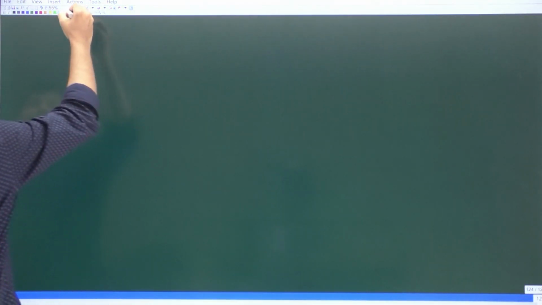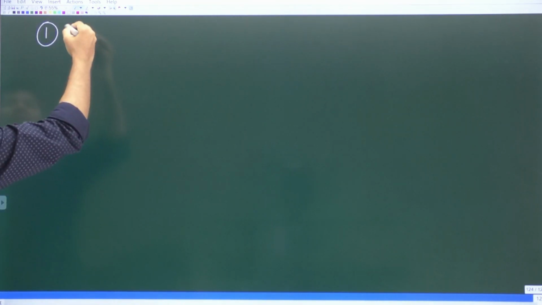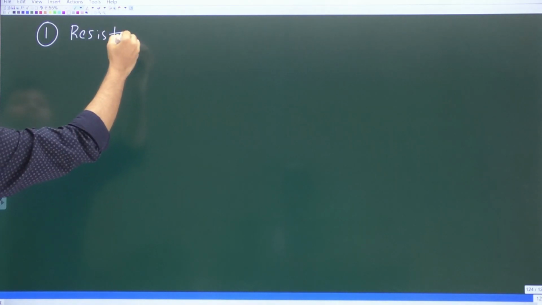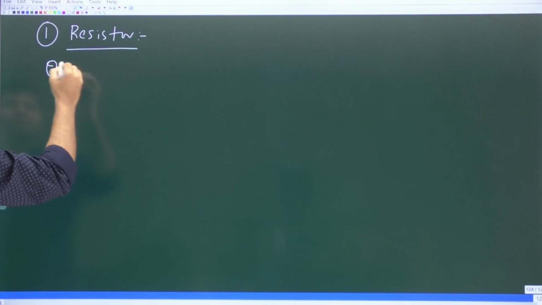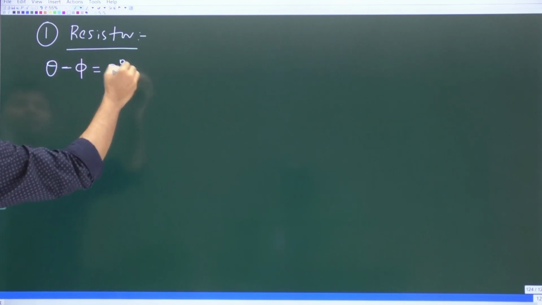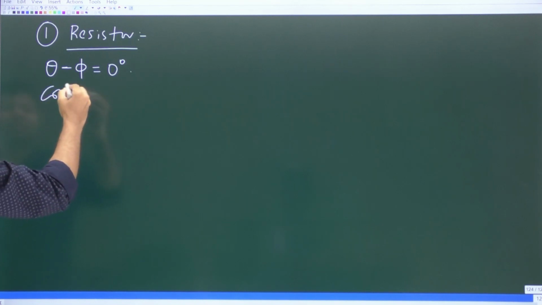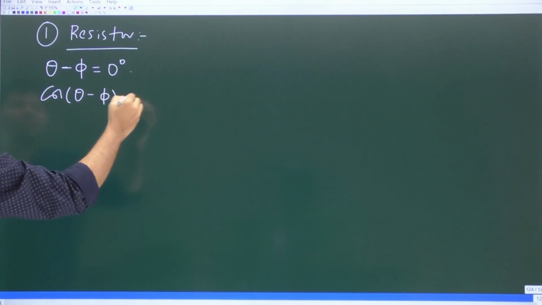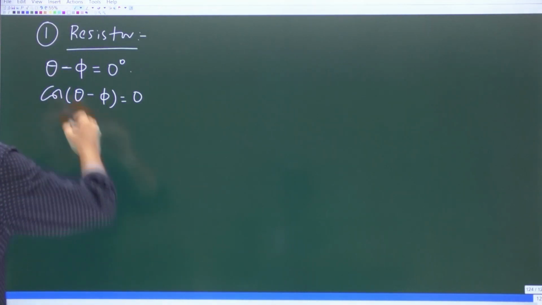Now, what are the three basic passive elements that we have? First is the resistor, which we have already seen. For a resistor, voltage and current are in phase, so the phase difference between voltage and current is 0 degrees. So cos of theta minus phi is cos 0, which is 1.